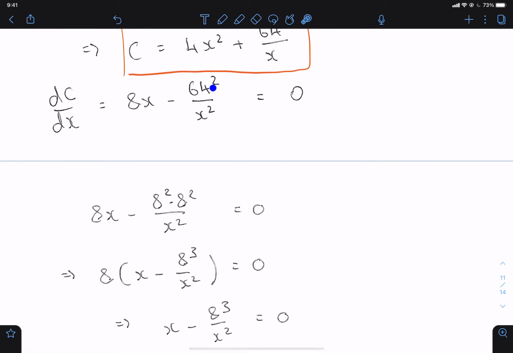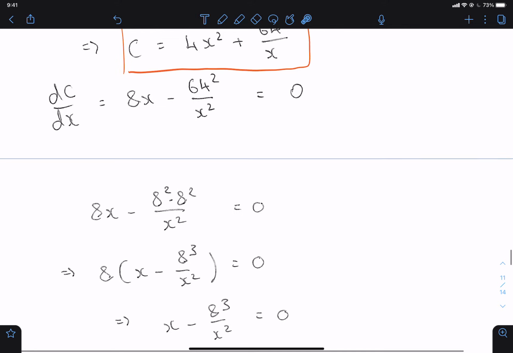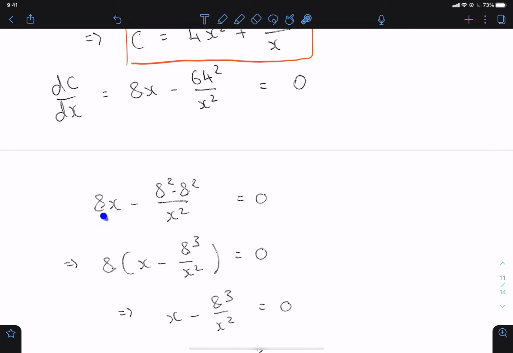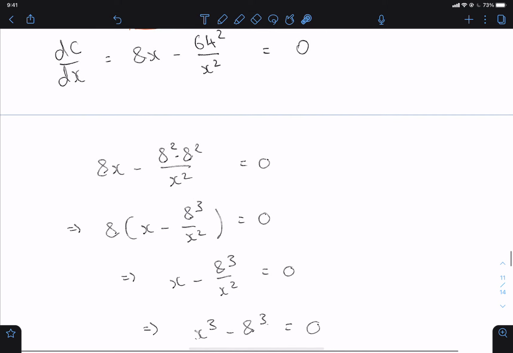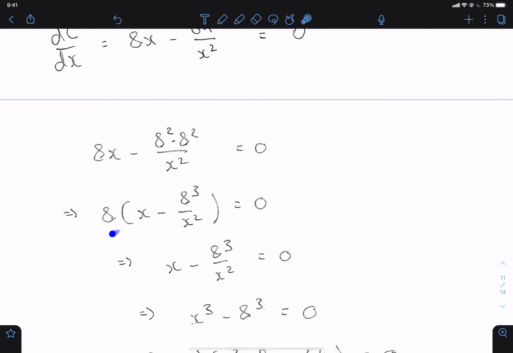And then 64 squared can be written as 8 squared times 8 squared, because 8 times 8 is 64. And then we get rid of one of the 8s here. So we're left with three 8s multiplying together. Just a little bit of algebra. So that gives us x minus 8 cubed divided by x squared equals 0.